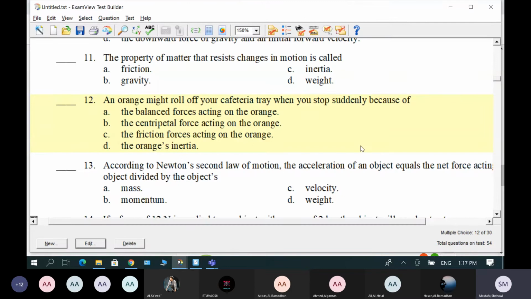An orange might roll off your cafeteria tray when you stop suddenly because of A, the balanced force acting on the orange, B, the centripetal force acting on the orange, C, friction force acting on the orange, D, the orange's inertia.